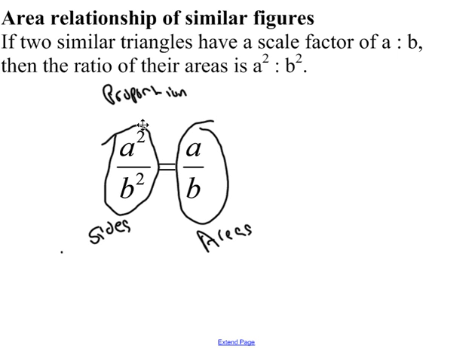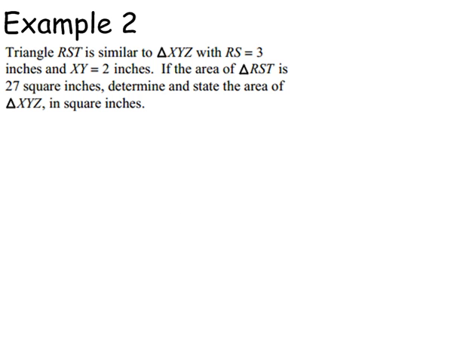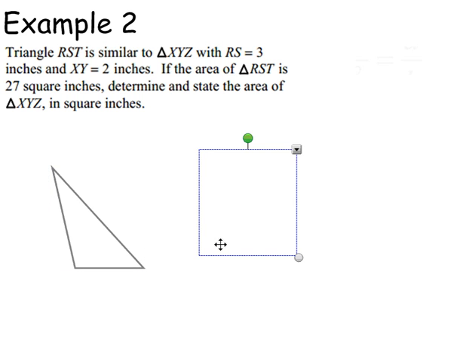All right, so let's use this proportion to solve a problem. Example 2 says triangle RST is similar to triangle XYZ with RS equal to 3 inches and XY equal to 2 inches. If the area of triangle RST is 27 square inches, determine and state the area of triangle XYZ in square inches. So we got two triangles.